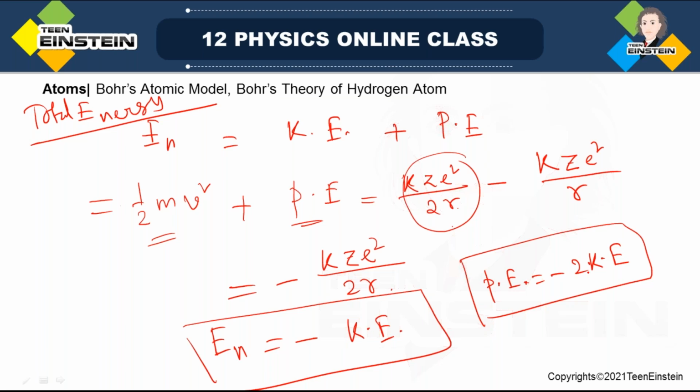So if the total energy is given, you can find the kinetic energy, or if the kinetic energy is given, you can find the potential energy.